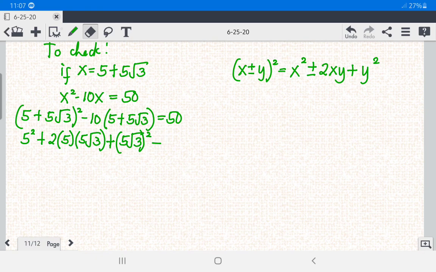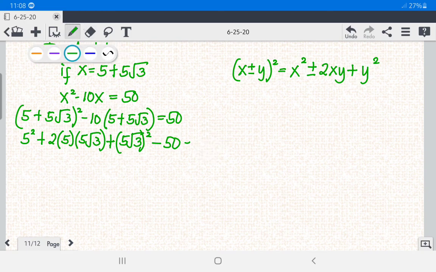Then negative 10 times 5 square root of 3. Here, you will just multiply negative 10 and 5, because 5 is the numerical coefficient of this radical. So we have negative 10 times 5, which is negative 50. Then you will just copy the square root of 3. So let us make it readable. Okay.